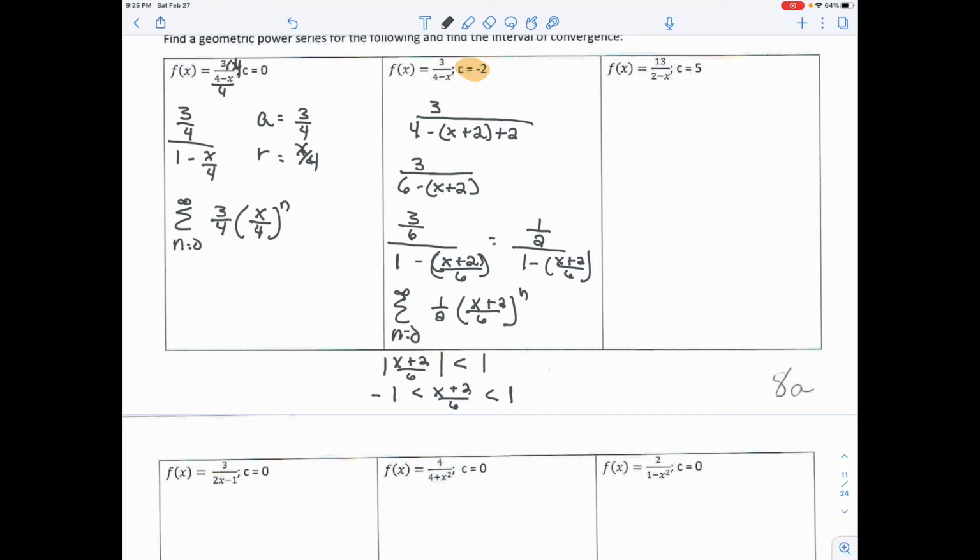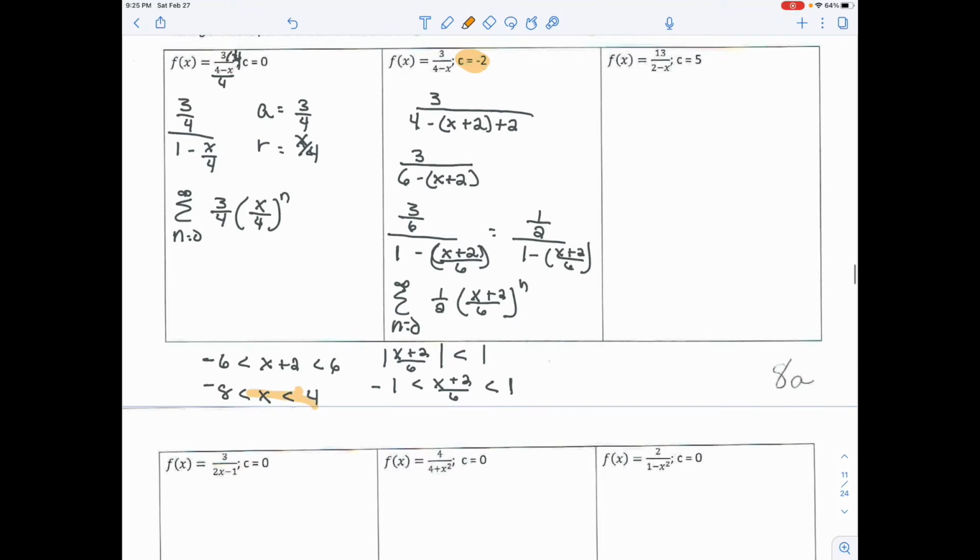Now I'm running out of space for that, but we can see that that's going to be -6 is less than x plus 2 is less than 6. So -8 is less than x is less than 4. So that would be my interval of convergence for that. Okay?